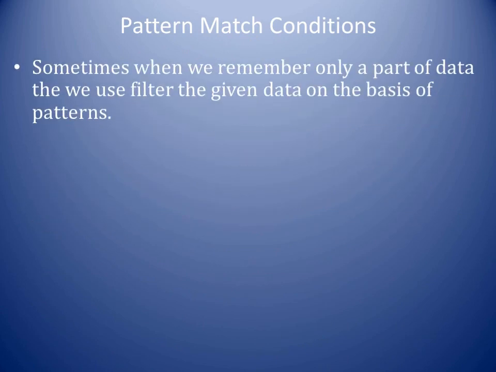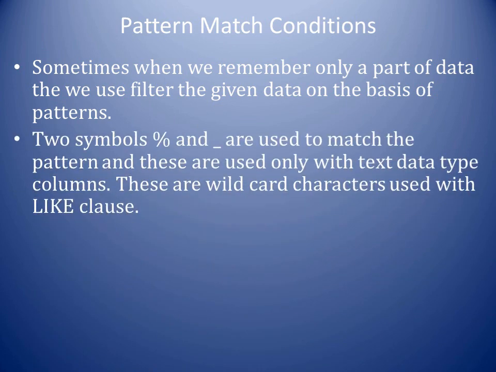Next is pattern match condition. This is mostly used with string type columns where we don't remember the exact data or value of the column. We use pattern match conditions.